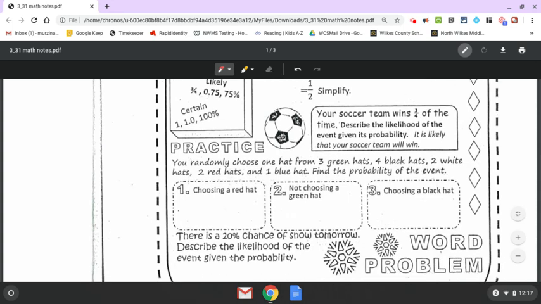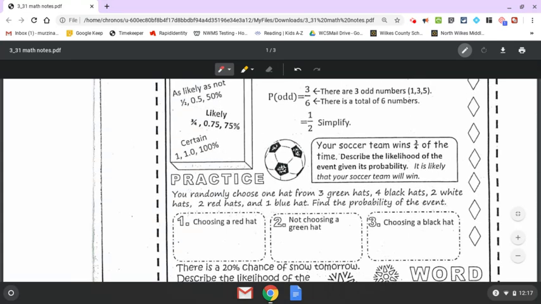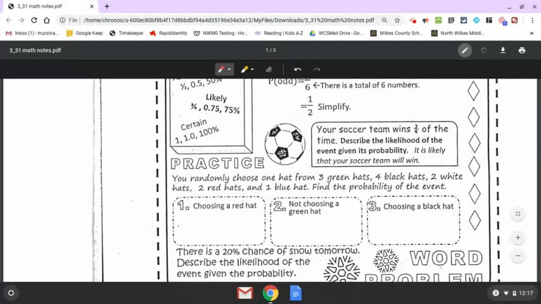The next example says your soccer team wins 3/4 of the time. Describe the likelihood of the event given its probability. Is it likely that your soccer team will win? Okay, well, that's where we're going to refer back to that probability scale. Remember, if you take 3/4 and turn that into a decimal, that's the same thing as 0.75 or 75%.